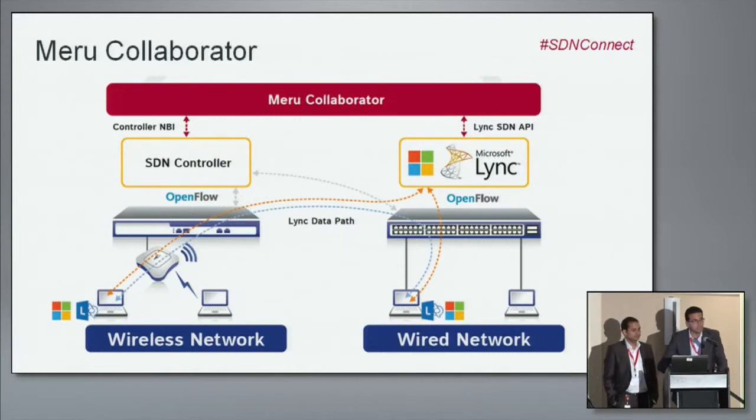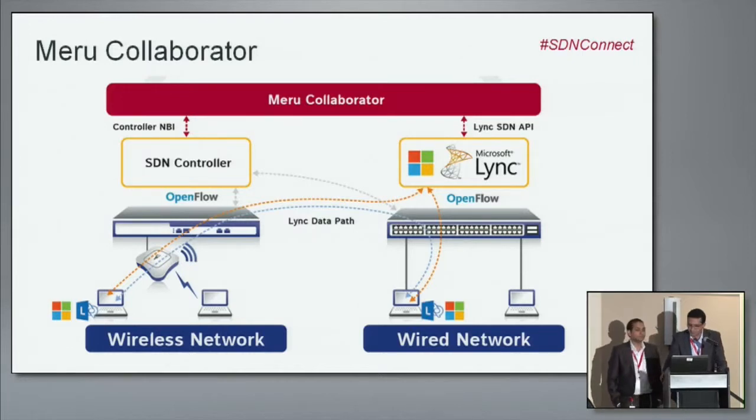When a call initiates, Microsoft Link accepts the call, and the dotted line is the control actions. With the Meru Collaborator, we push down policies that give you guaranteed bandwidth between a call initiated on a wireless device and on a wired device. That is effectively the end-to-end architecture.